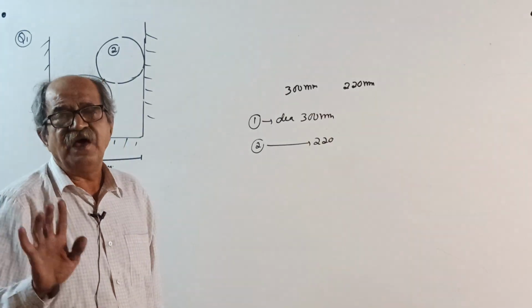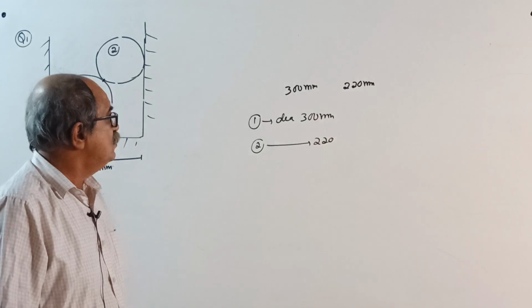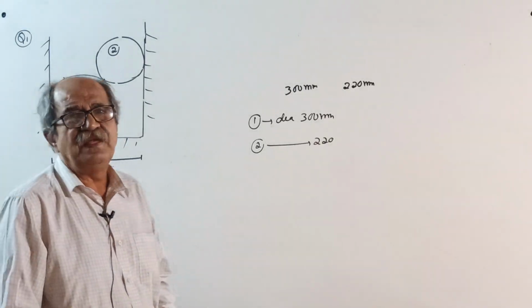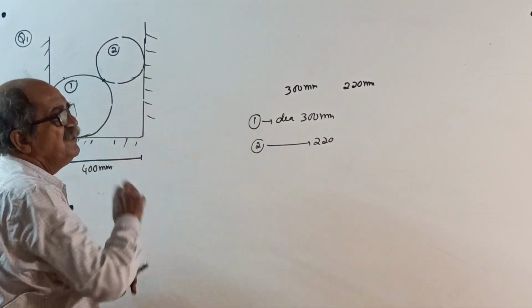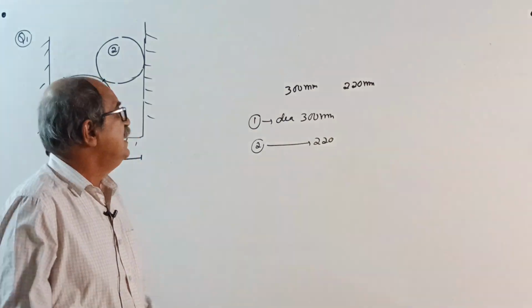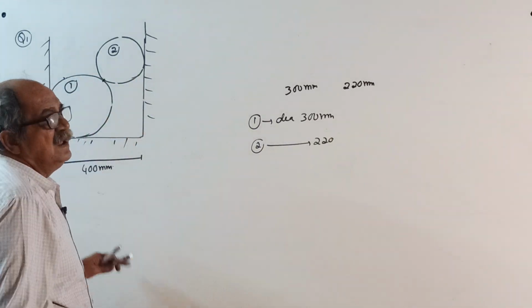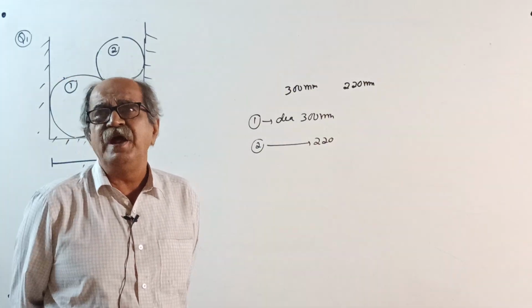I am solving in the class, and one extra question I will give you for solving. Usually in any examination, they will give the same diameter to save time. I have given different diameters. Same diameter, same weight is easier.